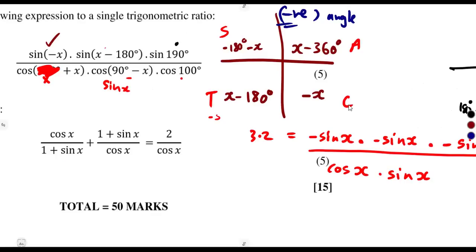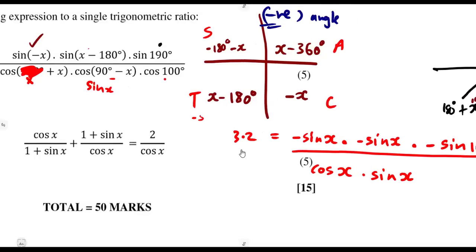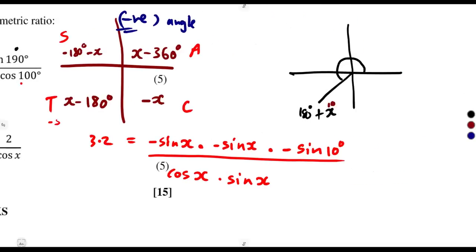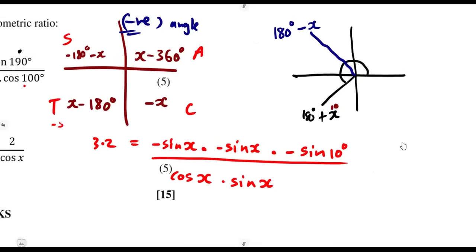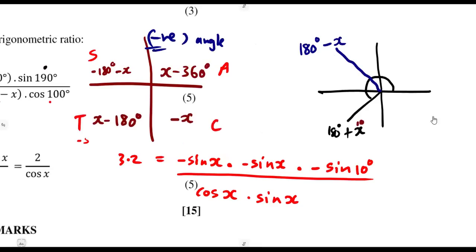Then the cos of 100. Let's figure out which quadrant the cos of 100 lies in. 100 is more than 90, in the second quadrant. So in the second quadrant, we need the format of 180 degrees minus x. What are we supposed to subtract from 180 to get this 100? We subtract 80 degrees.